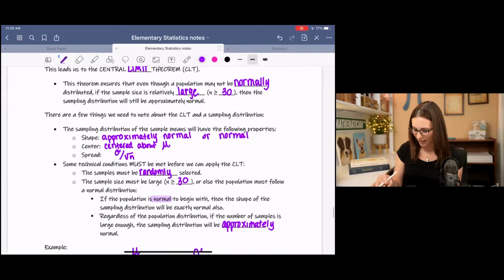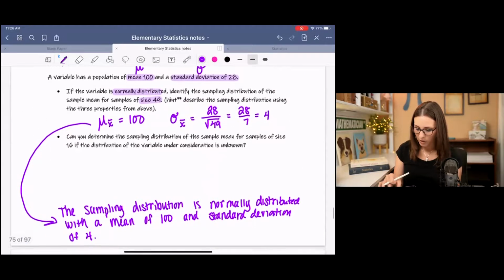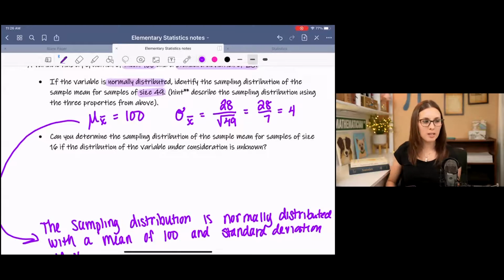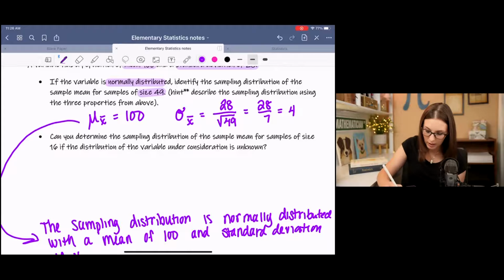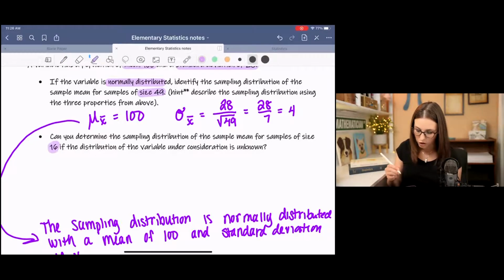I'm very sorry. Okay, then the next one: can you determine the sampling distribution of the sample mean for samples of size 16 if the distribution of the variable under consideration is unknown? Let's look back at our technical conditions that must be met.